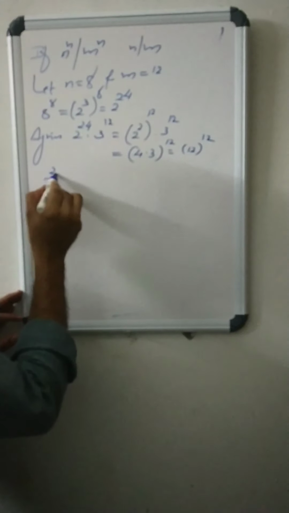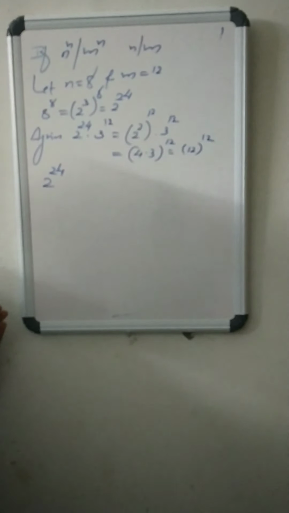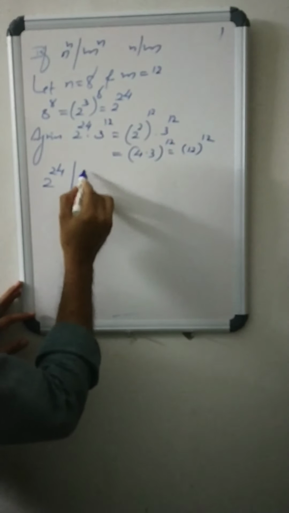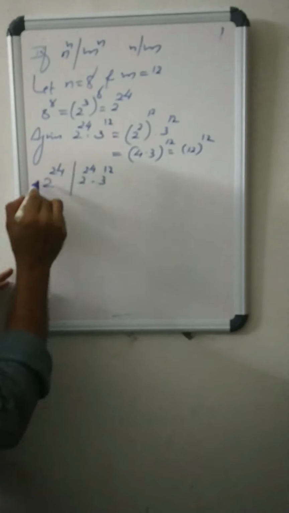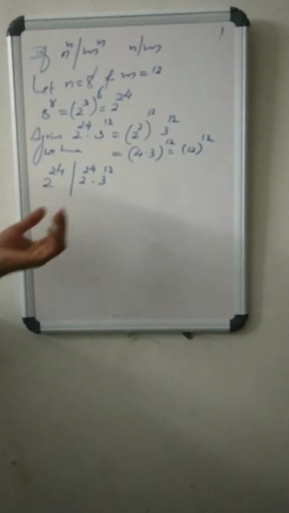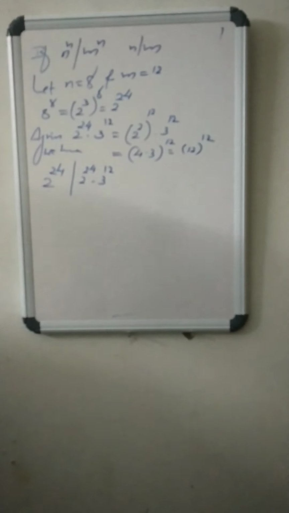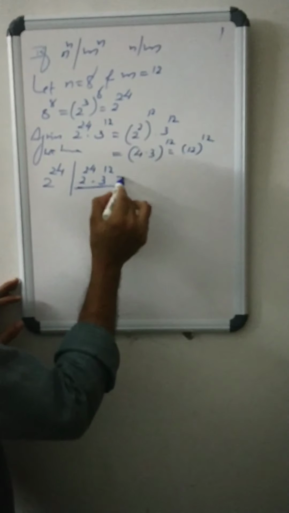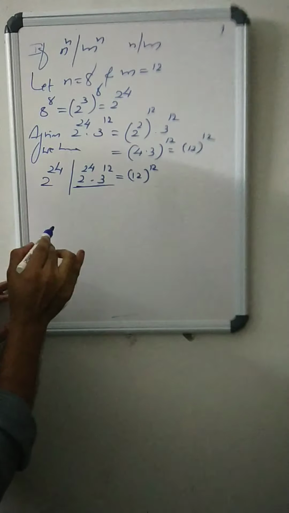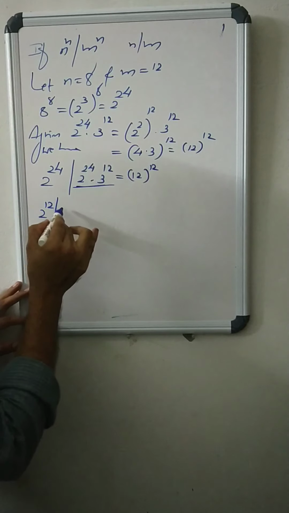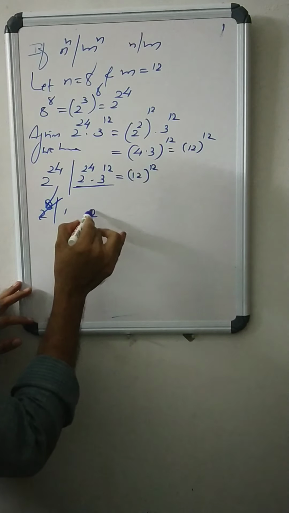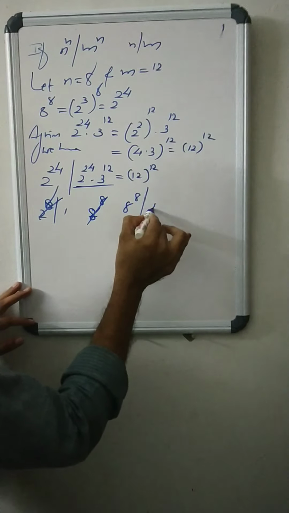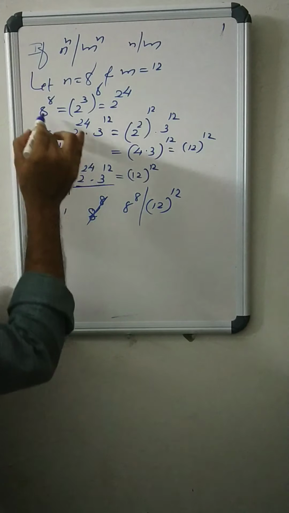So surely 2 power 24 divides 2 power 24 into 3 power 12, which is nothing but 12 power 12. Then we conclude 8 power 8 divides 12 power 12, since 2 power 24 means 8 power 8.